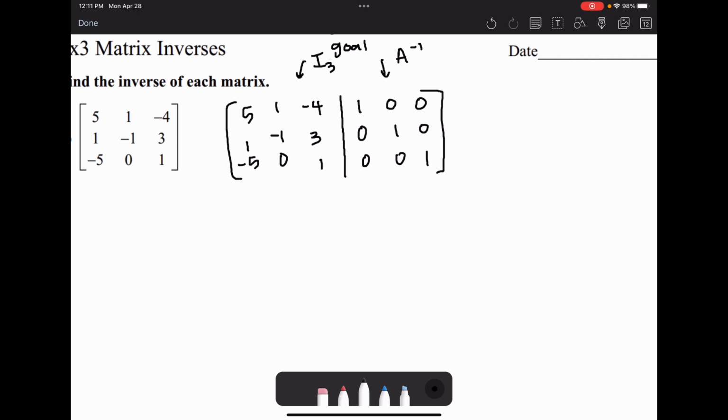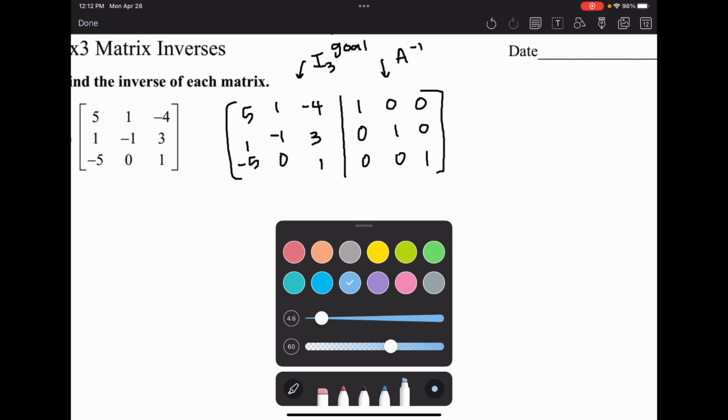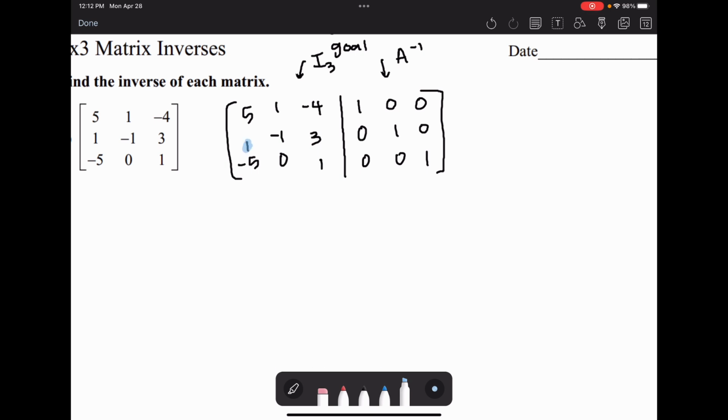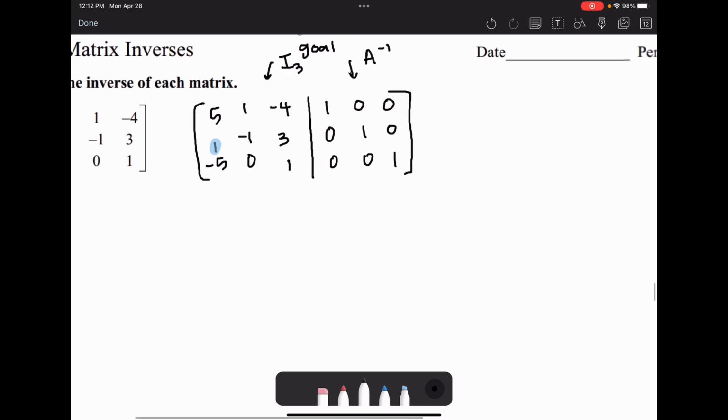So we are going to do row operations and get the left side to be ones on the diagonal and zeros everywhere else. So the first thing that I like to look for is if there's already a 1 in the first column. And there is one. Okay, so this 1 right here would be nice if it was in the top row.